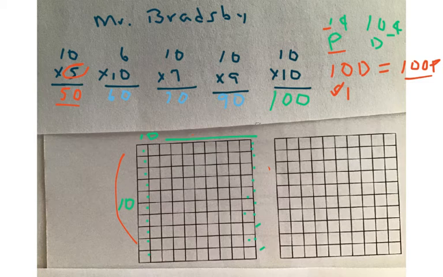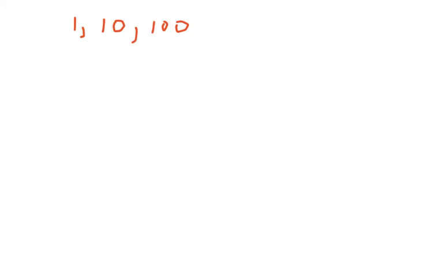Okay? So 10 by 10, and that's what this grid over here is picturing. A 10 by 10, and so is this one, a 10 by 10. Okay? So 10 by 10 is 100. So we have what we call base 10 number system, and we have ones and then tens and then hundreds.